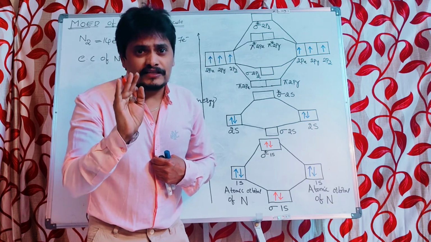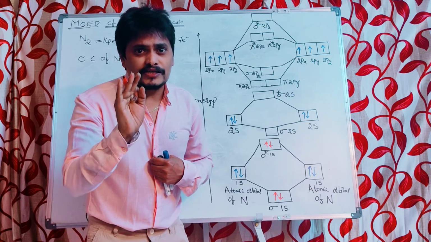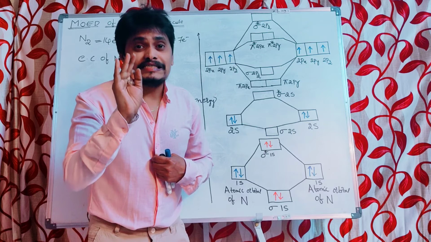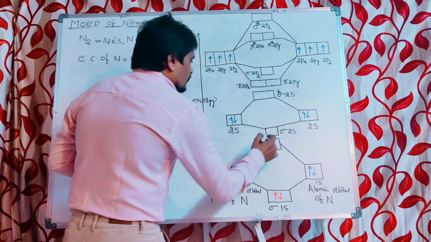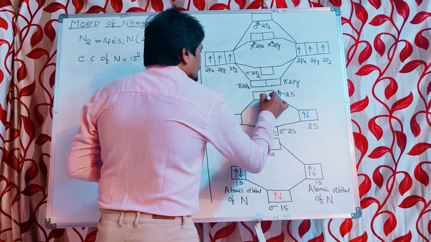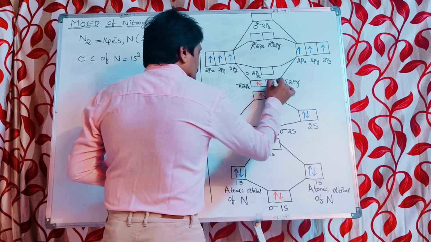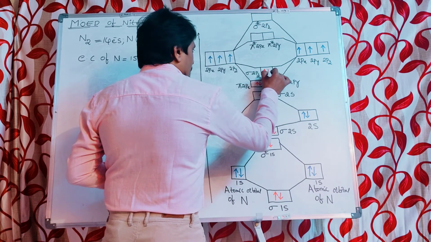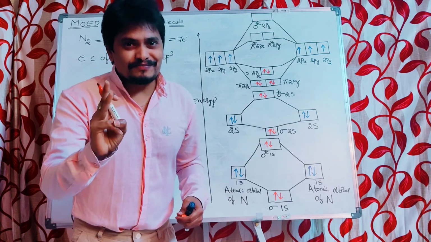Hund's rule states that pairing of electrons won't take place in an orbital unless each and every orbital of the same energy level is filled with one electron. So 2 electrons, 4 electrons, 5, 6, 7, 8, 9, 10, 11, 12, 13, and 14. You have to follow those three rules.